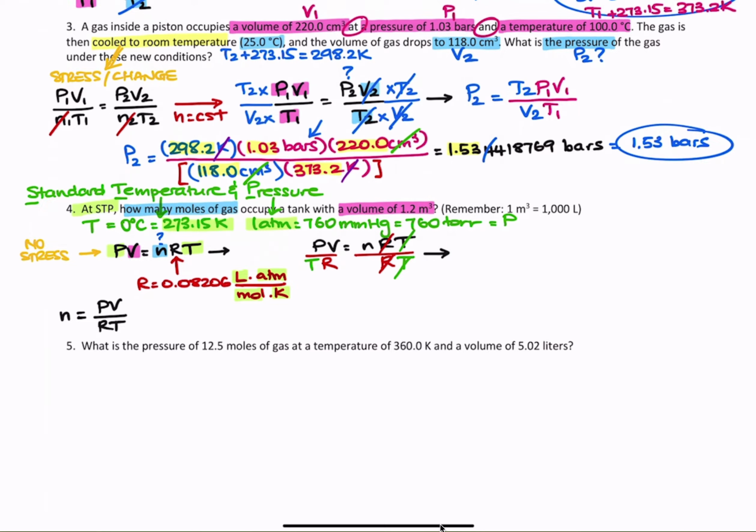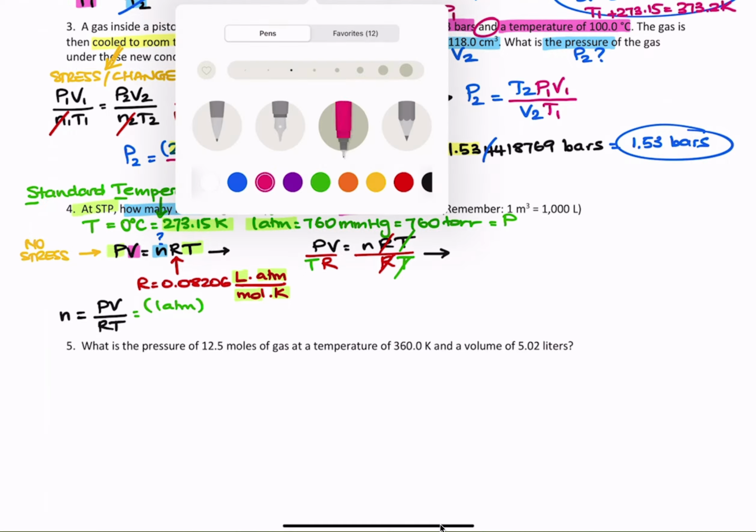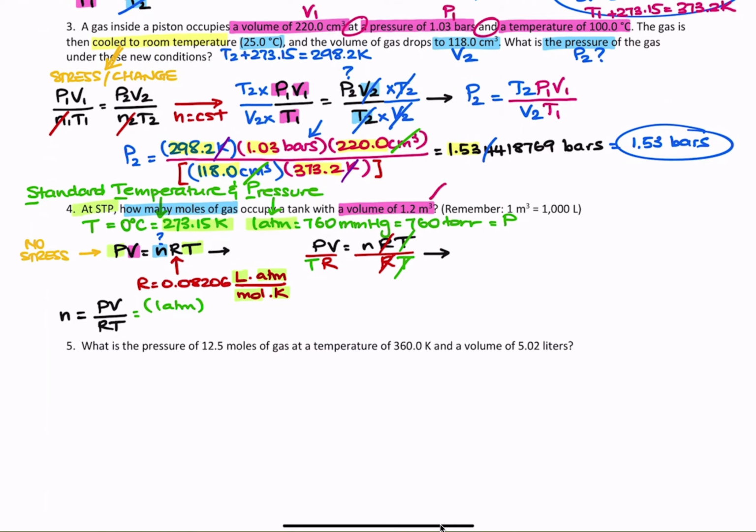The pressure is the standard pressure, 1 atm. The volume is given to me, but notice that the volume is in cubic meters, so I have to do the conversion: 1.2 cubic meter, cancel your cubic meter, convert to liters.